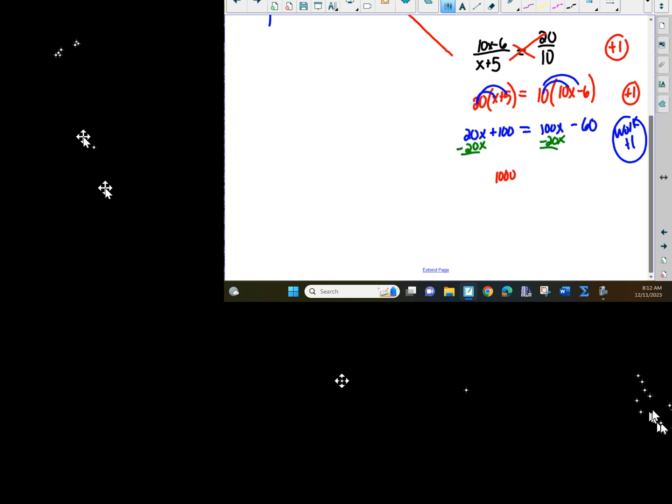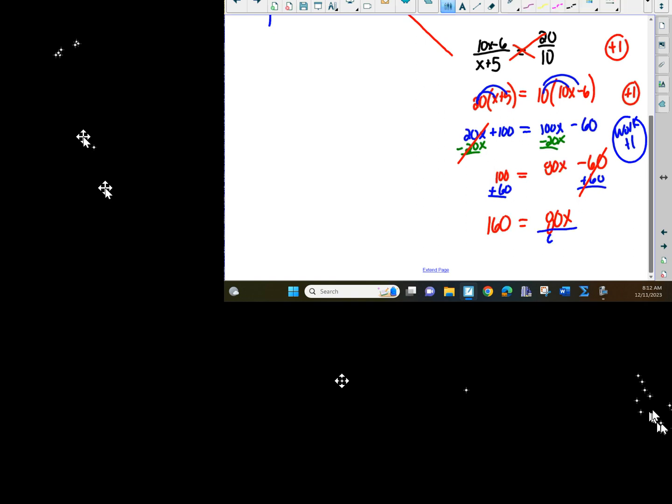That's going to give me 100x, not 1,000x, because those x's cancel. This gives me 80x minus 60. I then can come up here and add 60 to both sides right here. That's going to come up with 80x still. Those cancel out here, and I got 160.